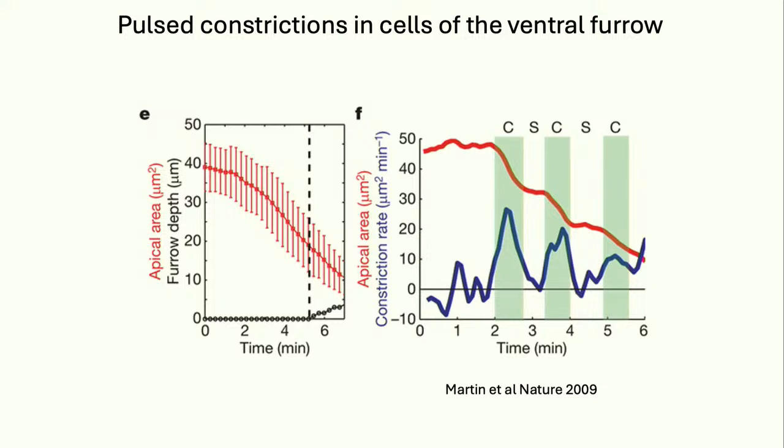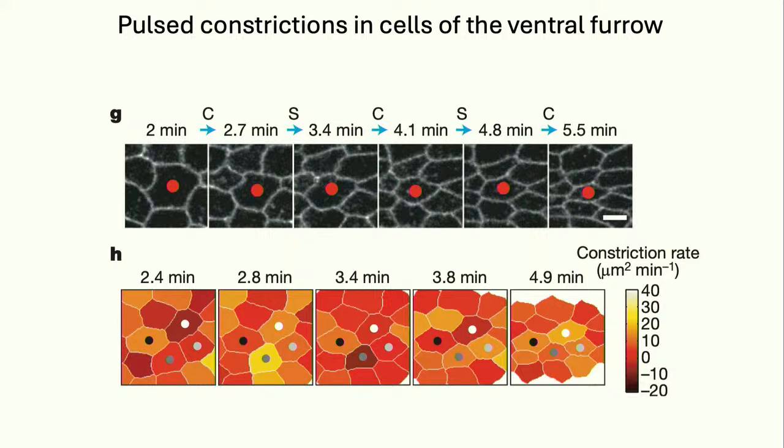Okay? And really, how does this kind of pulse correlate with the activities of the contractile molecule is what Adam did next. So he noted that when we look at all of the different cells, so let's just for example point to this cell, you see it's in sort of the yellow orange region, which means that it has a high constriction rate.